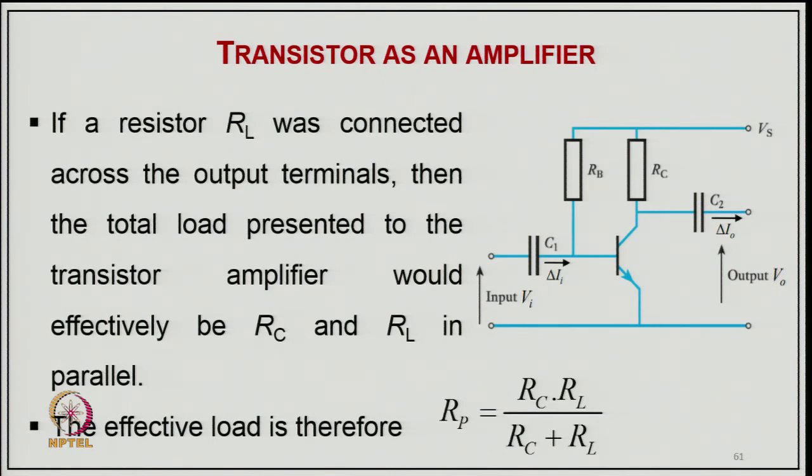So, if a resistor RL is connected across the output terminal here, then the total load presented to the transistor amplifier will effectively be RC and RL in parallel, and the effective load RP will be RC into RL divided by RC plus RL, because that will also be responsible for deciding the collector current flowing into the load resistance.